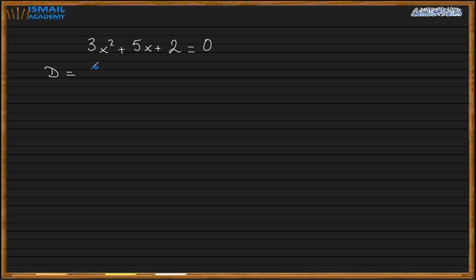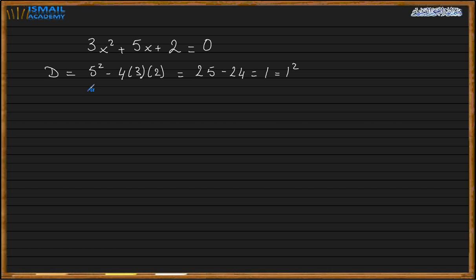It's b squared, which is 5 squared minus 4 times 3 times 2, which is 25 minus 24, which is 1, and this is a perfect square. Now I know that this is a perfect square, which means either I use direct factoring or the AC method, but I know that A is not 1, so I'm going to use the AC method.